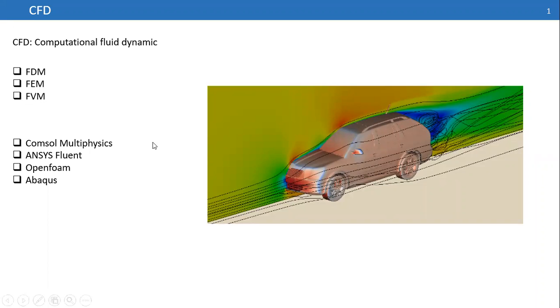As I said, of the different software that can be used for CFD simulations, the most famous ones are COMSOL Multiphysics, ANSYS, OpenFOAM, and Abaqus. Each one of them has its own advantages and disadvantages.